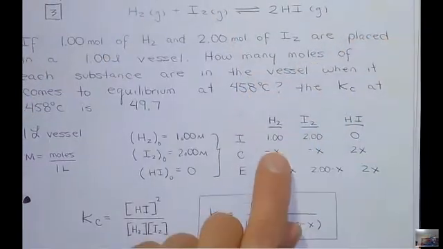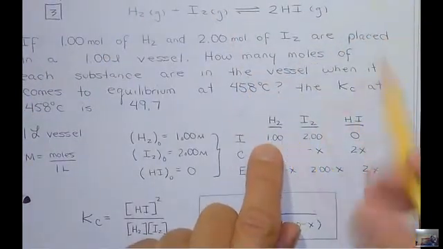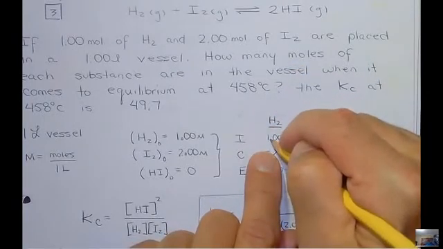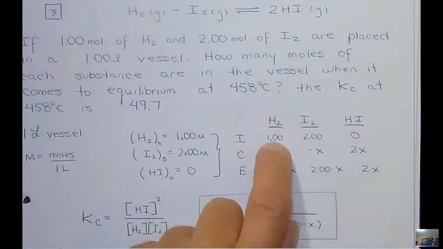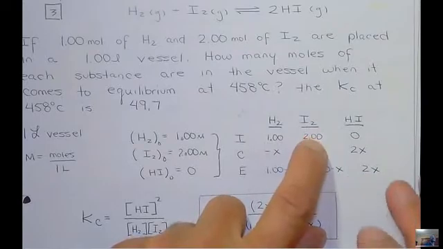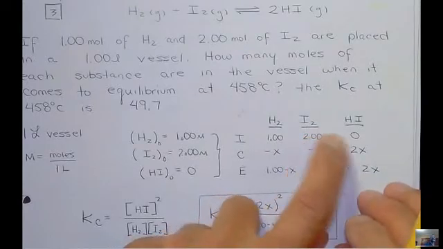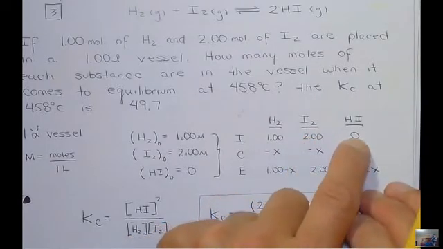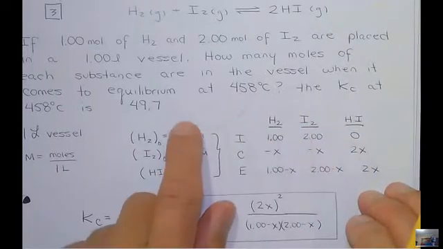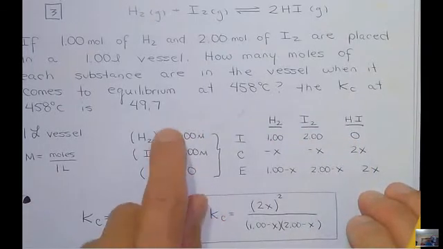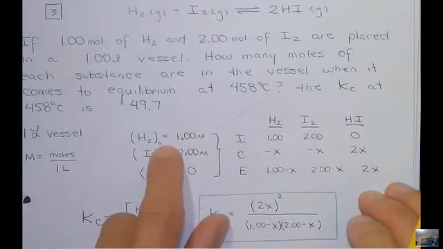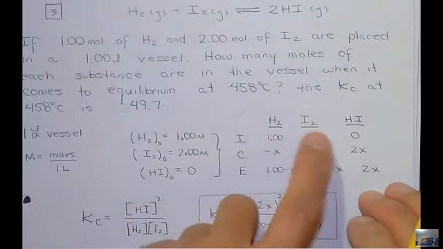Okay. Well, these numbers we have, the scientists put 1 mole per liter of hydrogen in, 2 moles per liter of iodine in, and they did not put any HI in, so that concentration is 0. So those initial concentrations, that's what the little 0 means, initial, go here.